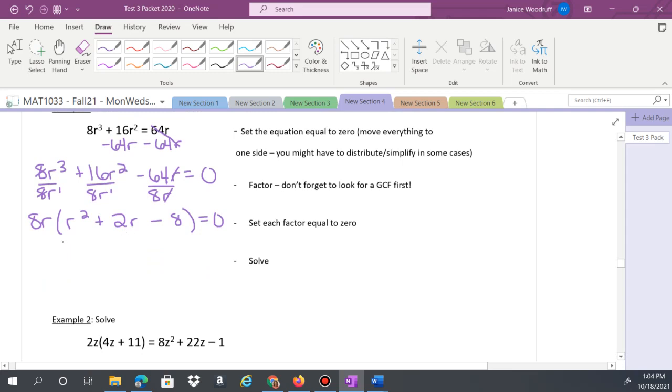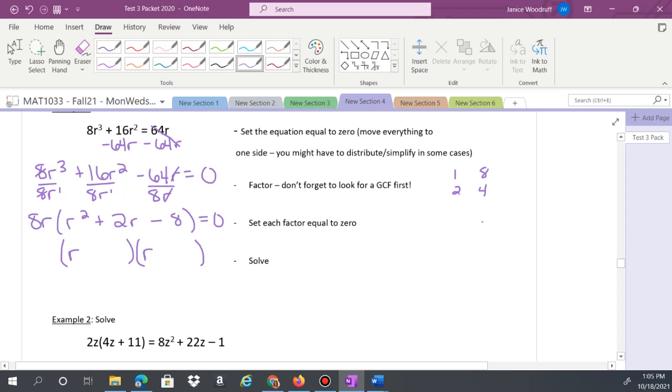That is a monic trinomial, so I'm going to set it up with my 2 parentheses. I'm going to put an r into each one of these. And then I'm going to look for factors of 8 that combine to 2. So let me see here. I've got 1 times 8, 2 times 4. Can we think of a combination that we will multiply to negative 8?